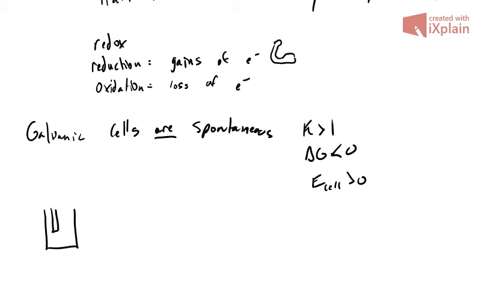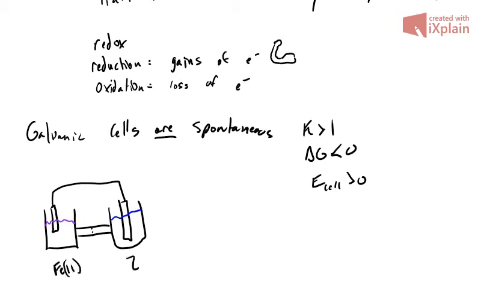So let's take, for example, the cell here. Okay, we've got a cell with iron 2 and zinc. Or no, not zinc, sorry, copper.